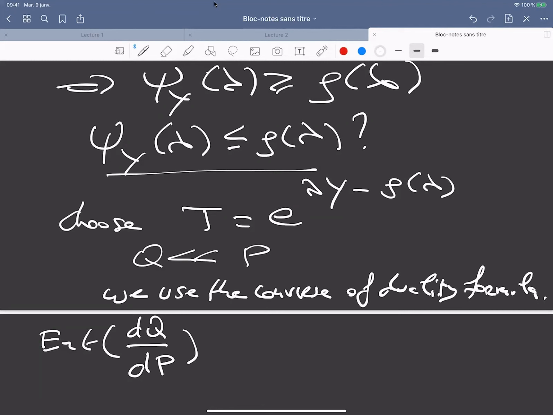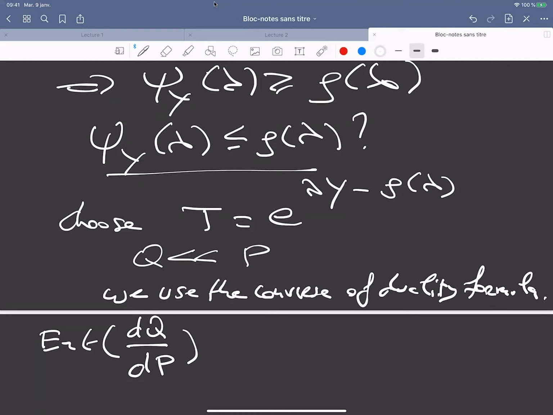So we have to look at what happens when we look at the entropy of any variable with expectation equal to 1. But this is equivalent to look at any distribution which is absolutely continuous with respect to p. This is the same.